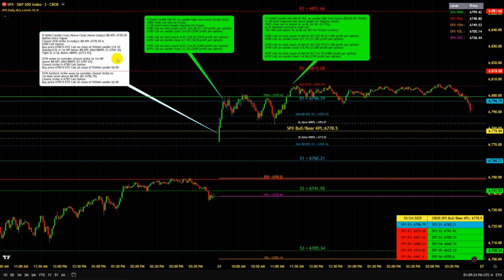Now, for those of you who are not familiar with how options work, most of you, I'm sure, already are, but for some of you who may not be, the cost of one option is going to be the price of the option times 100. So on the at the money, that's $14.10. If that's the price you get executed at, then you multiply that times 100. That would be $1,410.